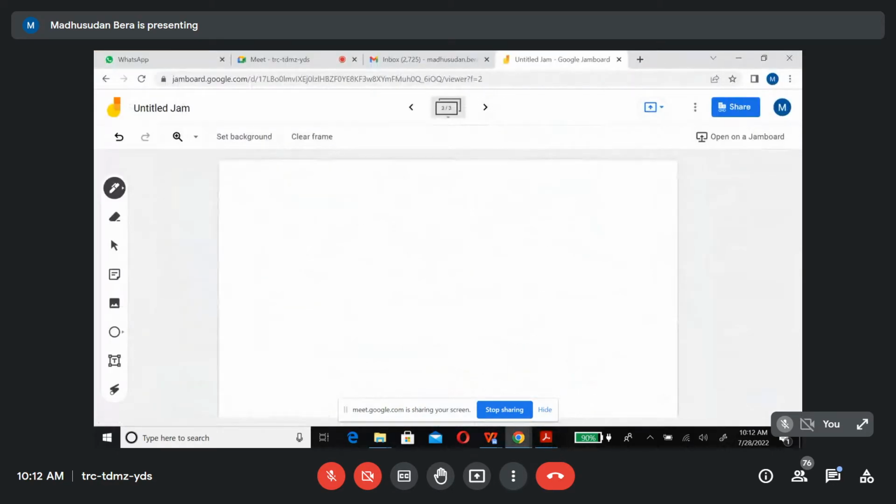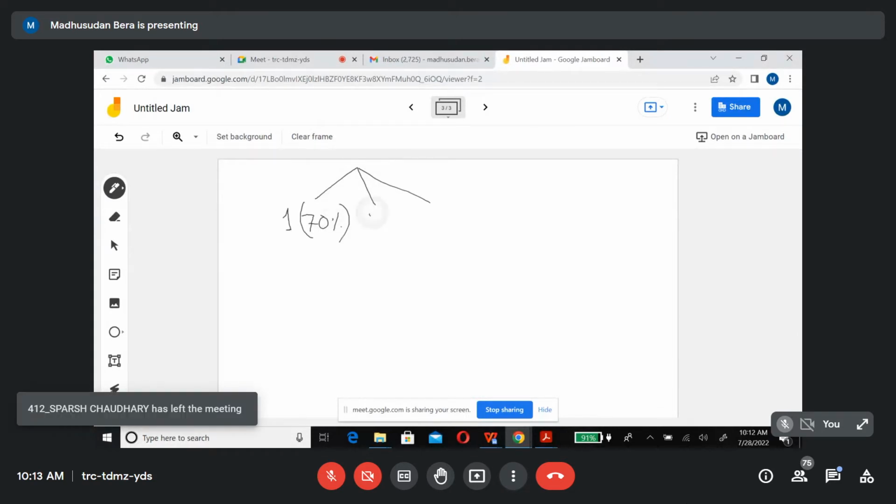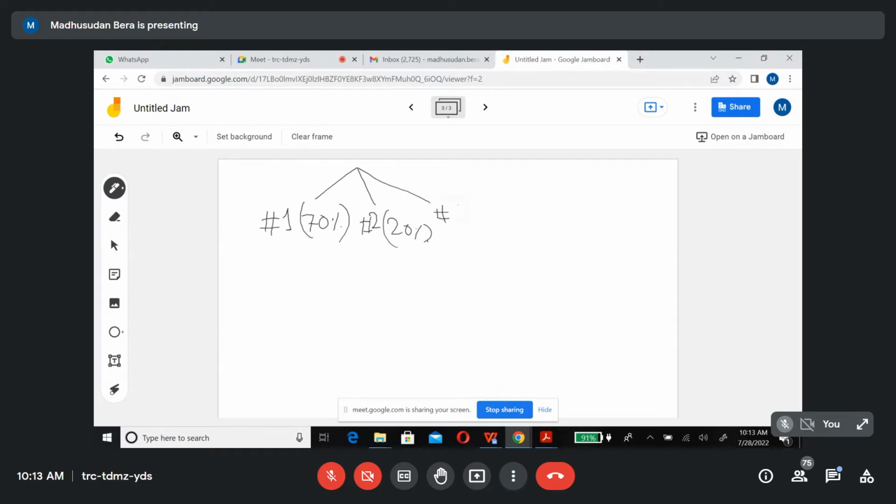So the individual has 3 email accounts. Suppose account 1 gets 70% of the mail, account 2 gets 20%, and account 3 gets 10% of the mail.